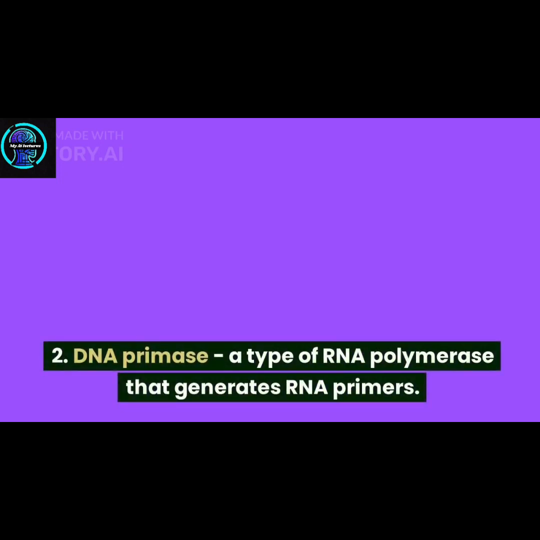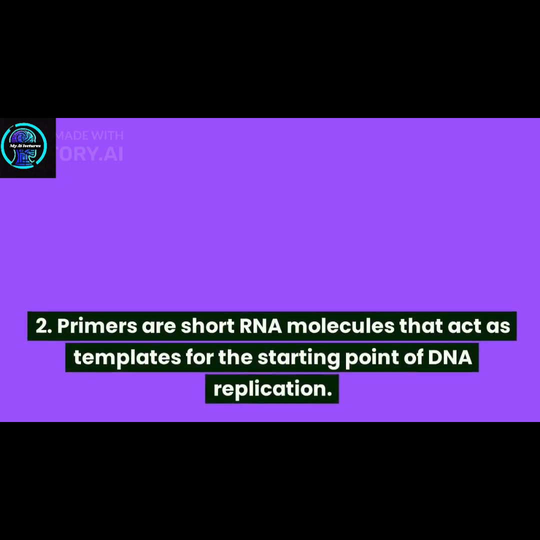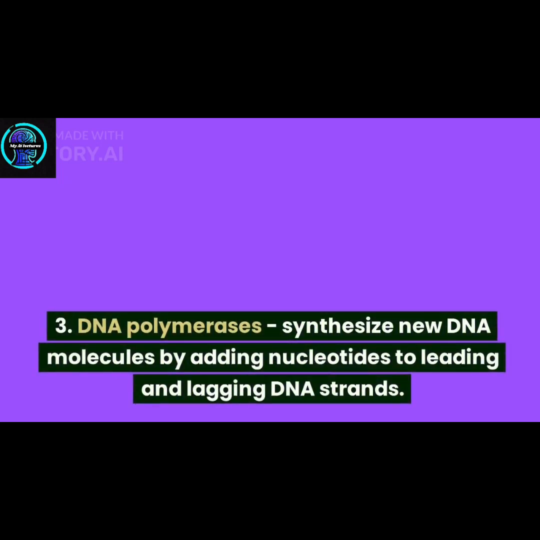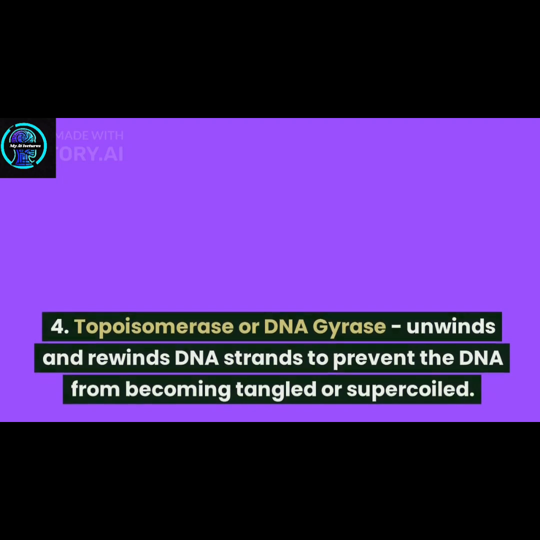2. DNA primase, a type of RNA polymerase that generates RNA primers. Primers are short RNA molecules that act as templates for the starting point of DNA replication. 3. DNA polymerases synthesize new DNA molecules by adding nucleotides to leading and lagging DNA strands. 4.